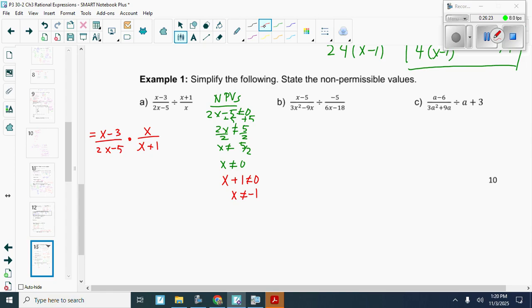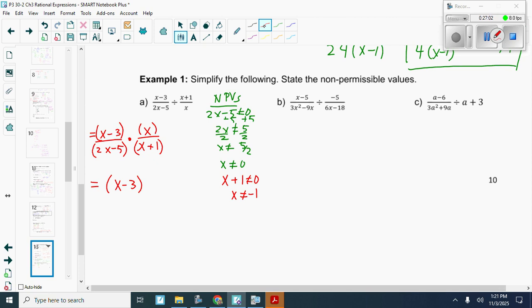Okay, now I'm ready to simplify. These are all my binomials, and I've got one little monomial up there. Is there anything I can simplify? Are any of my binomials the same? No. I think it's fun to cross things out, so I would say this one's boring. There is nothing to simplify. So our answer is simply x minus 3 times x.